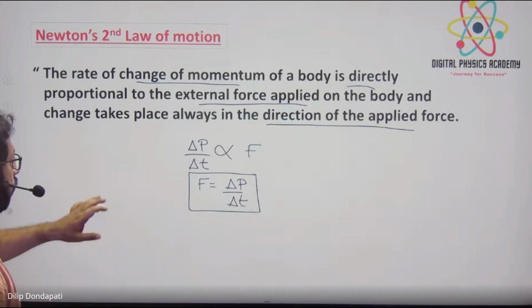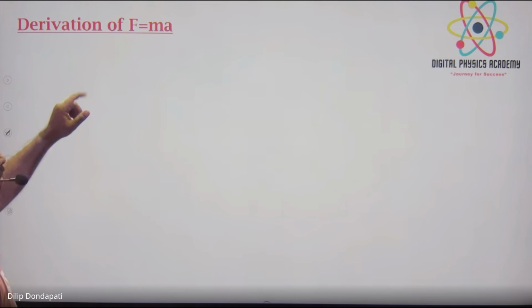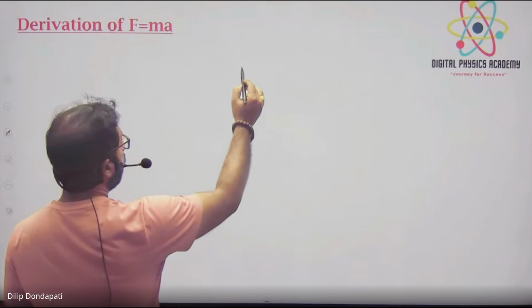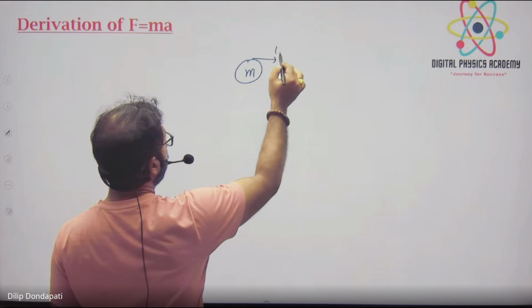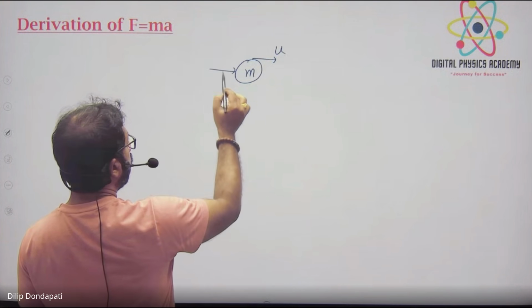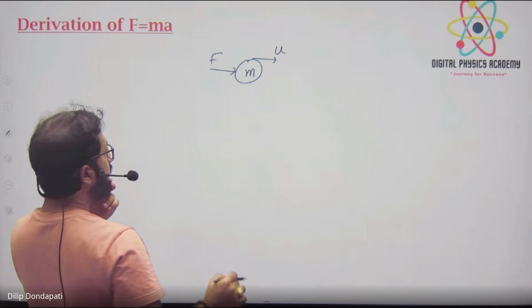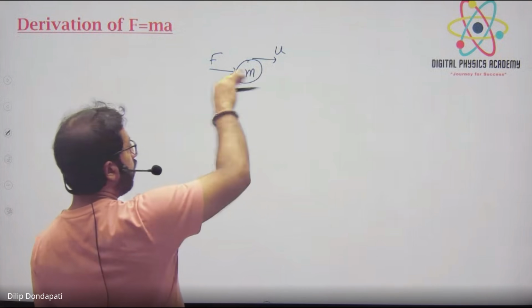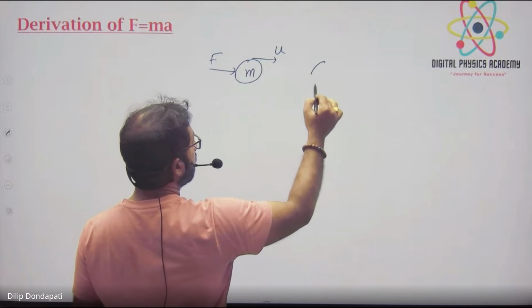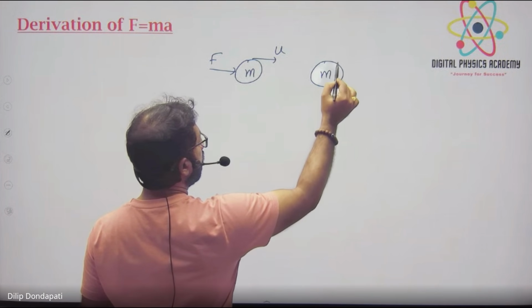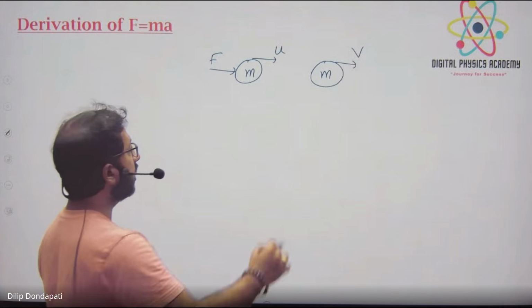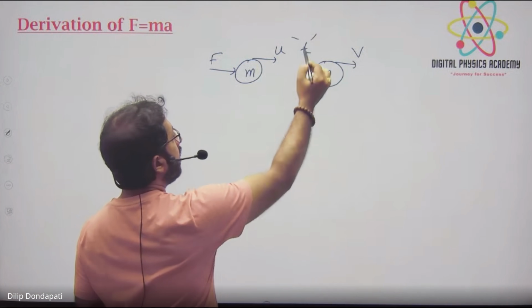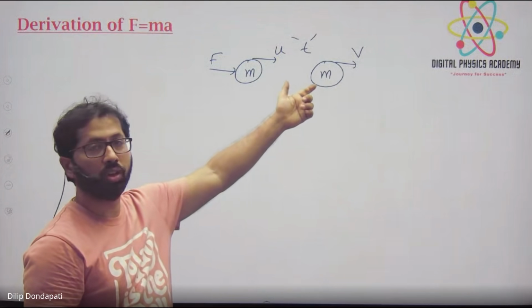Now we will derive F equal to ma. Suppose an object of mass m is moving with velocity u. I am applying a force F on it. What will happen when I apply a force? The velocity of the mass will change. Suppose after a certain time t, its velocity changed to v.